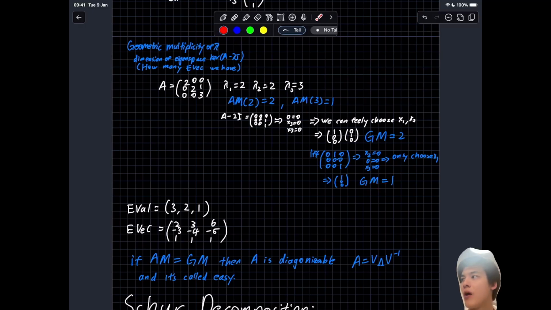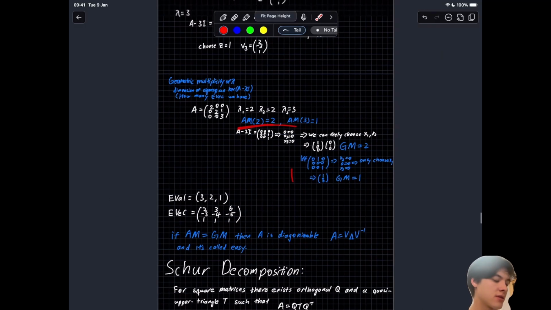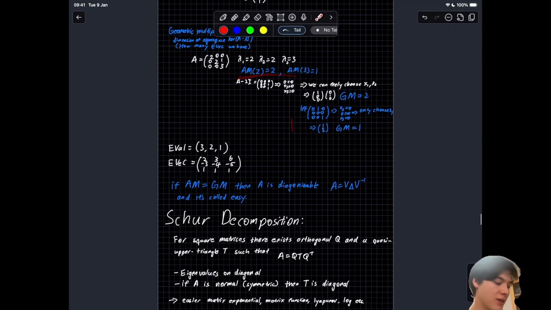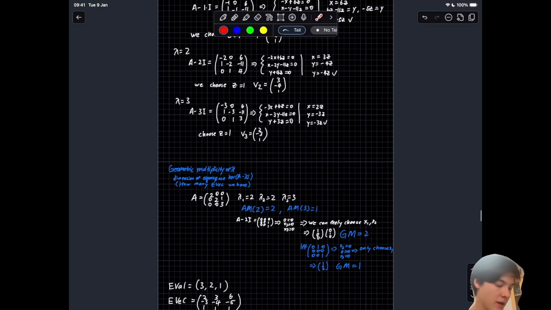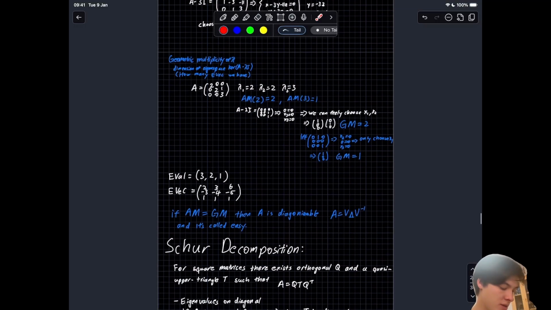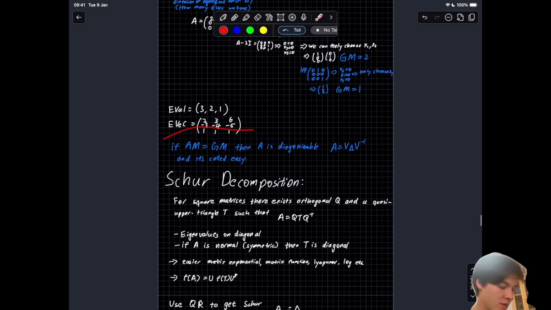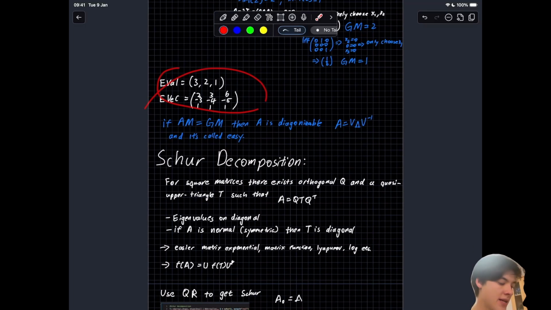So we only have one eigenvector for this eigenvalue. But in this case, we have 3 eigenvalues and we have 3 vectors. And if the algebraic multiplicity is equal to the geometric, then A is diagonalizable.